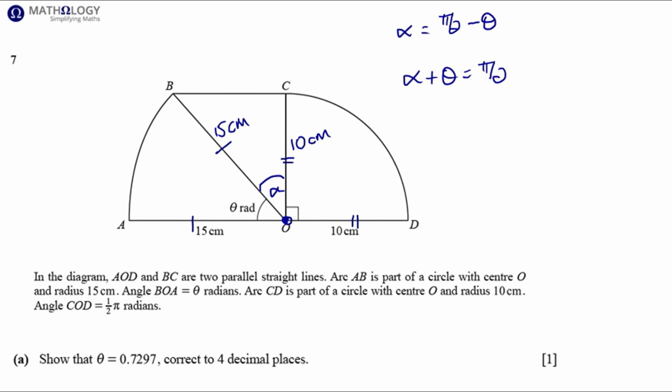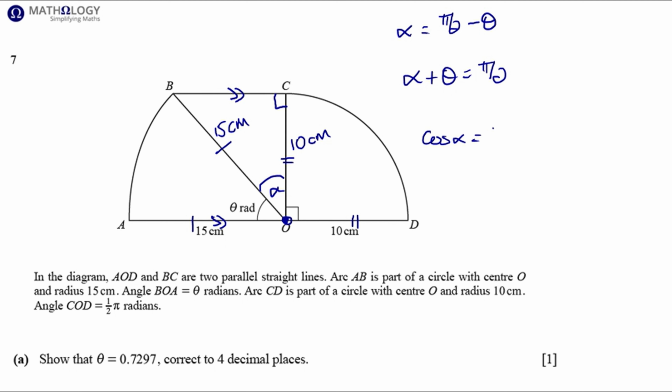Now we can find a trigonometric ratio involving alpha on the sides 15 and 10 centimeters. So before we do that, because BC is parallel to AOD, we know that angle BCO is also 90 degrees since it equals angle COD. So relative to alpha, OC, which is 10 centimeters, is the adjacent side, and OB, which is 15 centimeters, is the hypotenuse. So 10 over 15 will be adjacent over hypotenuse, which is cos alpha.